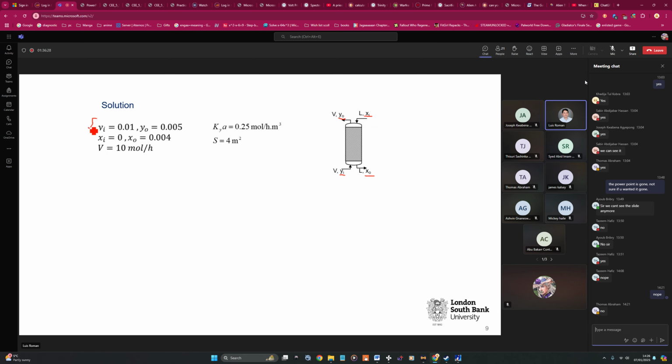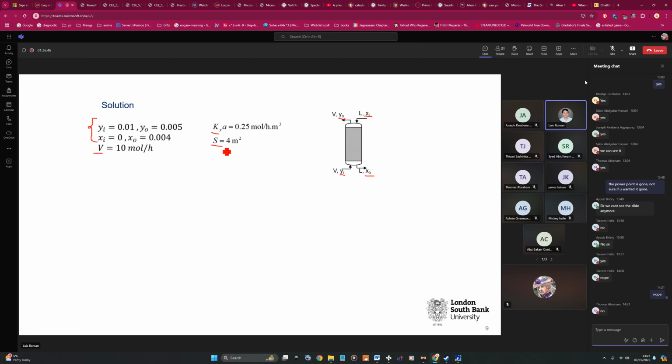So all of these values were obtained from the problem statement. We have the flow rate of the gas, and the mass transfer coefficient, and the cross-sectional area.